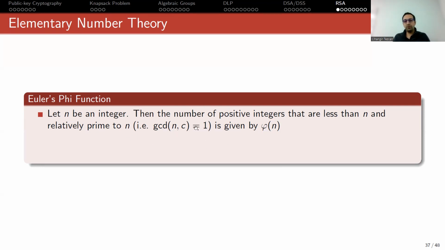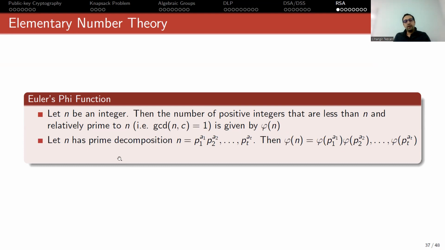And the number of all of these numbers is given by phi n. So this is Euler's phi function. So phi n means the number of integers that are relatively prime to n, and there should be also less than n.